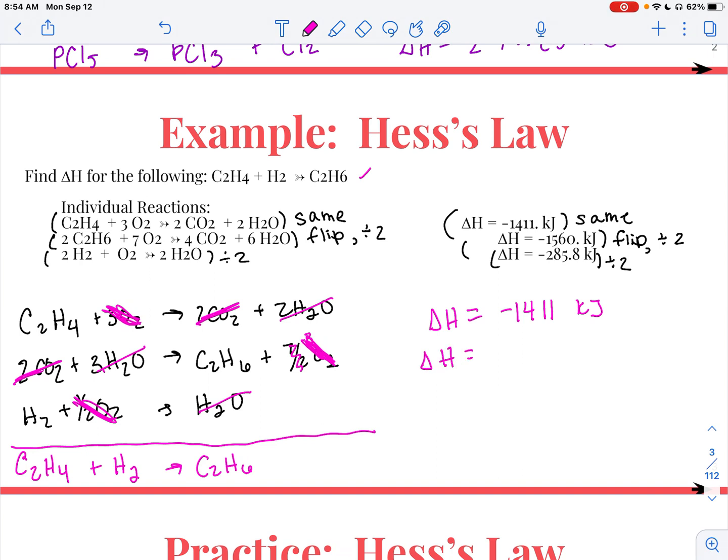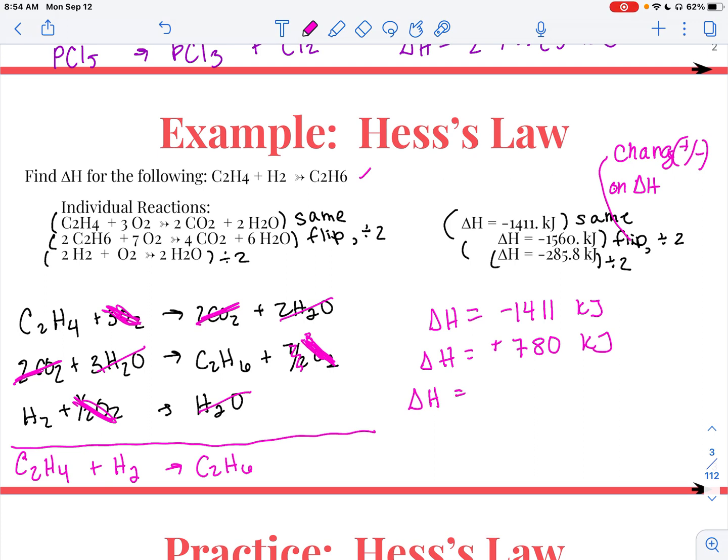So when you flip a reaction, you change the sign on the delta H. Change the plus minus on delta H. So here we will go to positive 1560, but also don't forget you need to divide by 2 there, okay? That's why I try to keep track of everything. So now it's going to be positive 780. And of course, you don't have to write the positive sign, but just to reiterate the point.